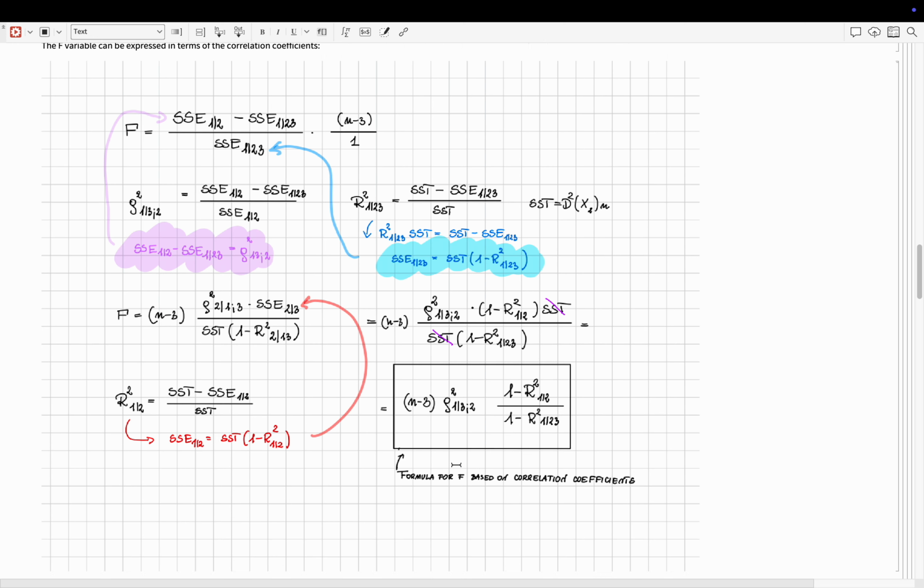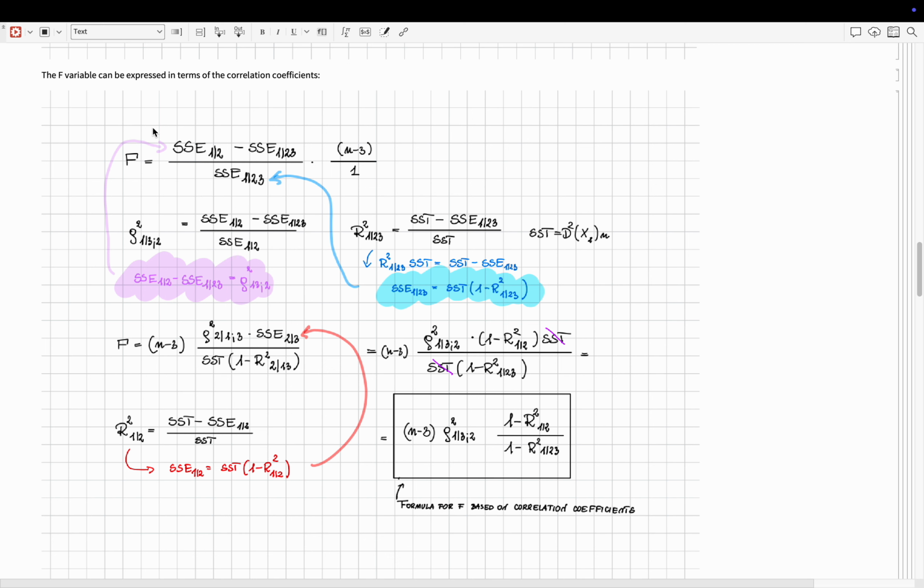So we start with our definition: the difference between sums of squares of errors and the degrees of freedom. And then we recall the definition of the partial correlation coefficient that we mentioned already before.